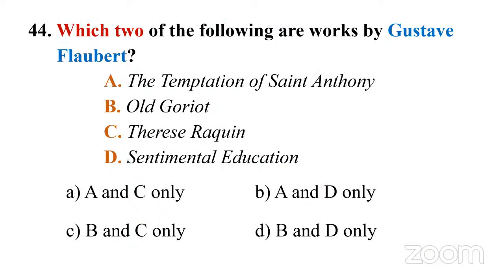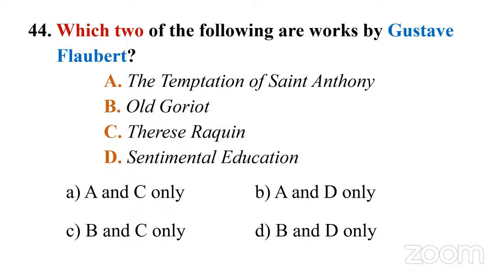44. Which 2 of the following are works by Gustave Flaubert, F-L-A-U-B-E-R-T? Gustave Flaubert, French writer. We have 4 options. A, The Temptation of Saint Anthony. B, Old Goriot, G-O-R-I-O-T.